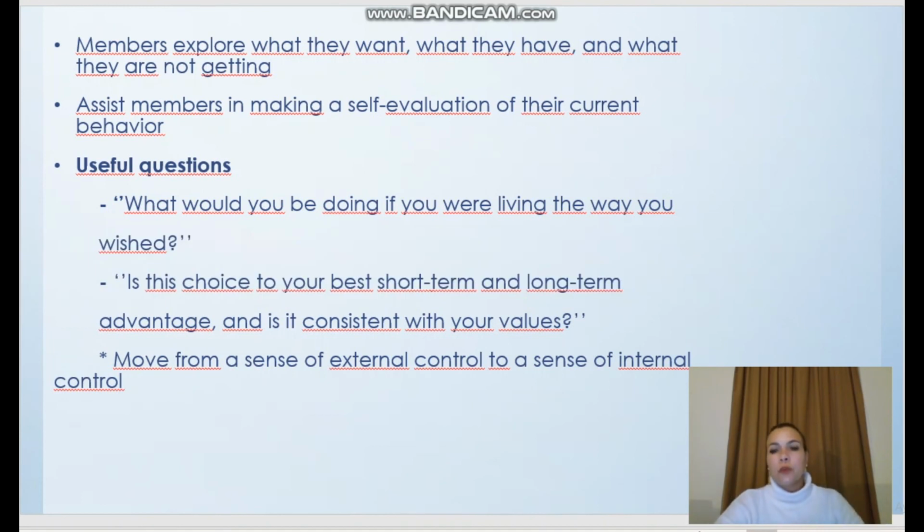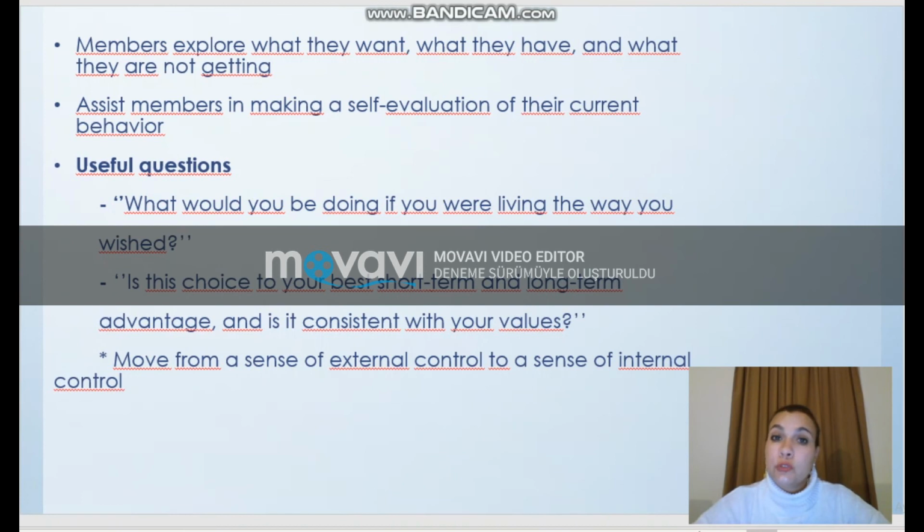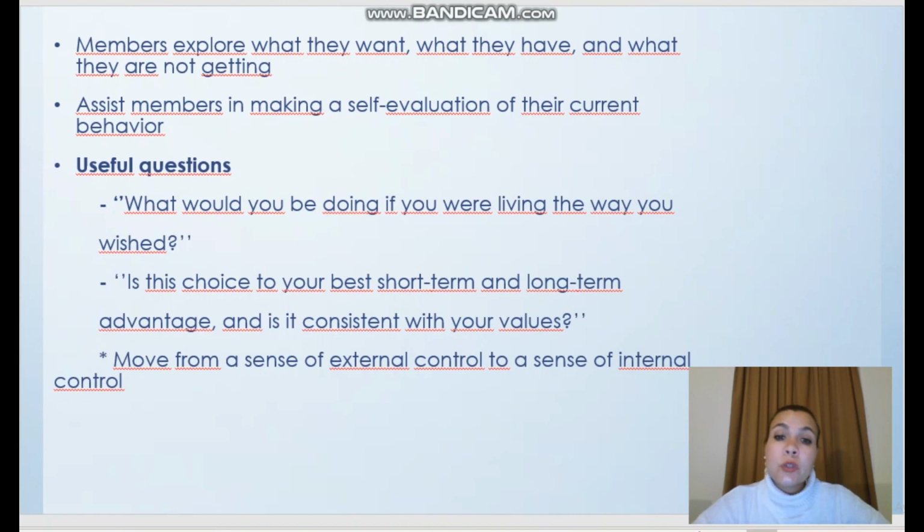These are really important. I recommend you practice these. What would you be doing if you were living the way you wished? Very good question. Is this choice to your best short-term and long-term advantage? And is it consistent with your values?